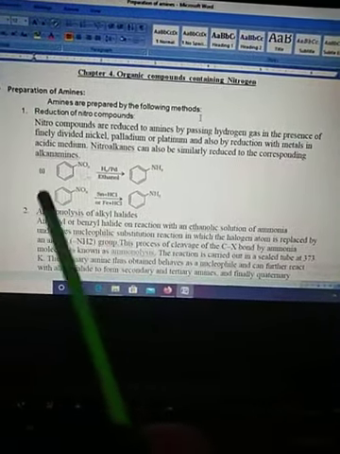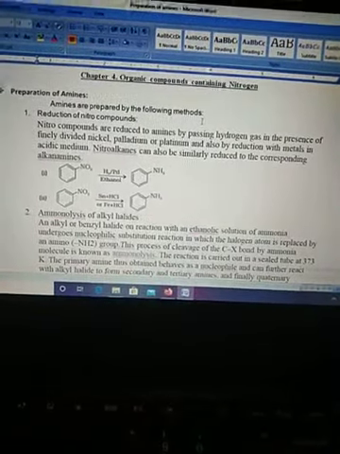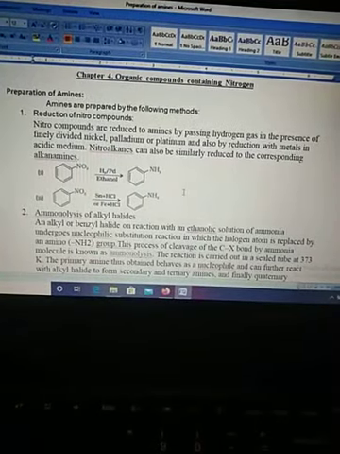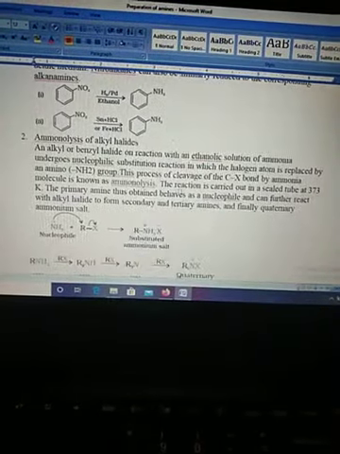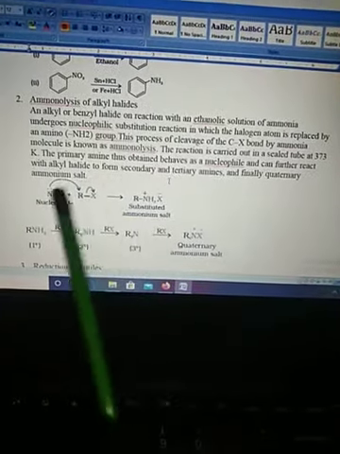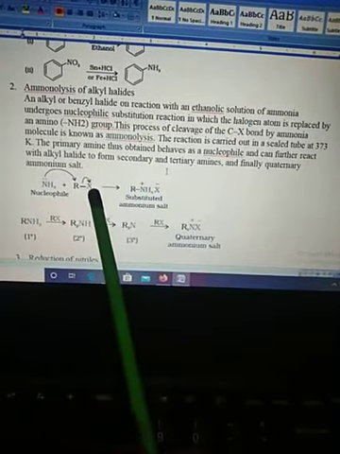Next, the second method is aminolysis of alkyl halides. Now we'll see what this aminolysis means. Let us try to understand with the help of a chemical reaction. We have taken ammonia and we are reacting it with alkyl halides.